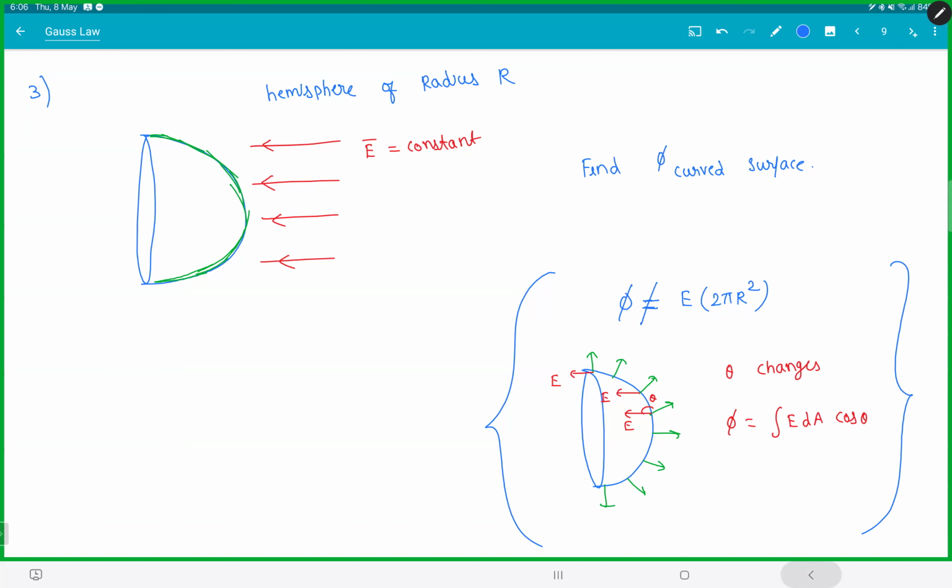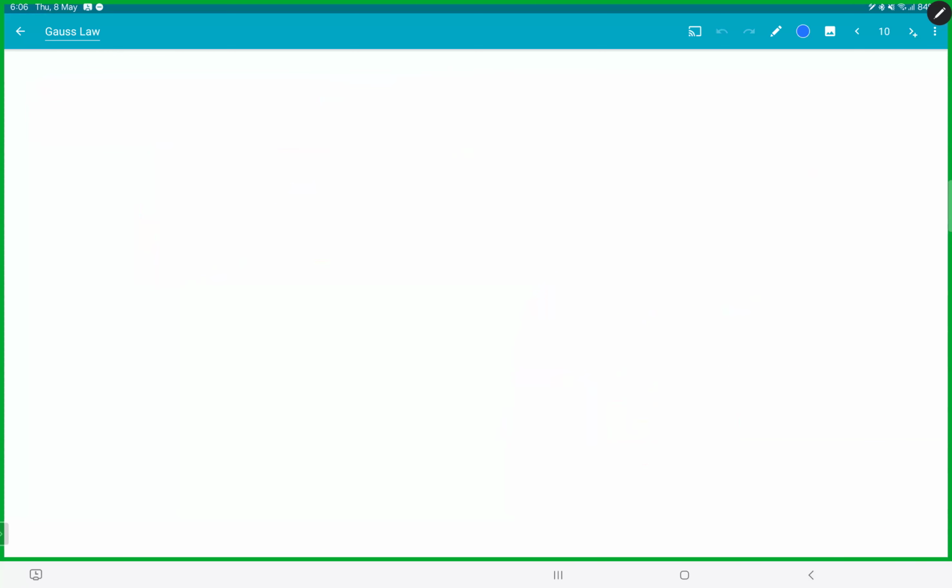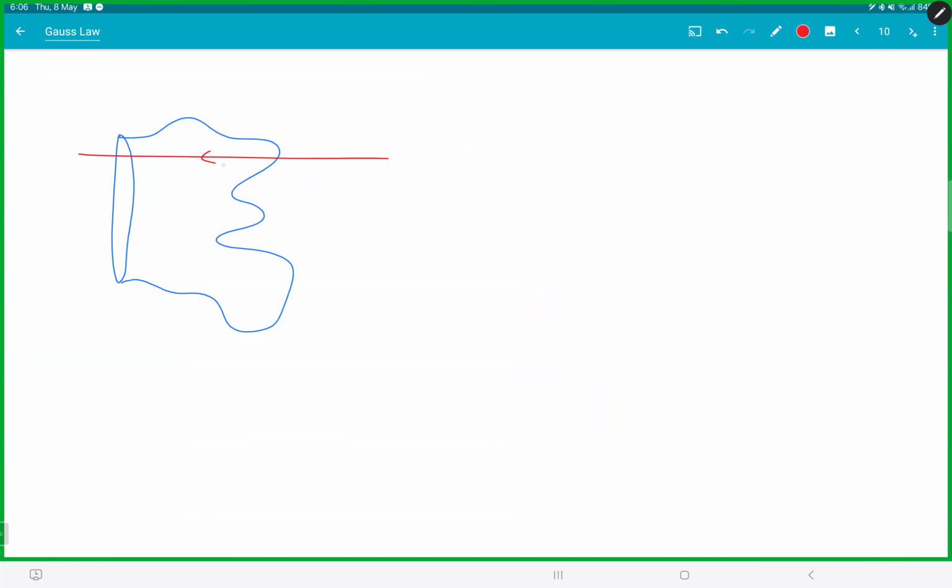And how do we solve this? We have our favorite concept, projected area, if you remember. Not only this, you take any random amoeba surface like this. Can I make a statement like this? If I draw the field lines, you can draw like this also. Now, look at this line. This line is entering and this line is leaving, so this will cancel out anyway.